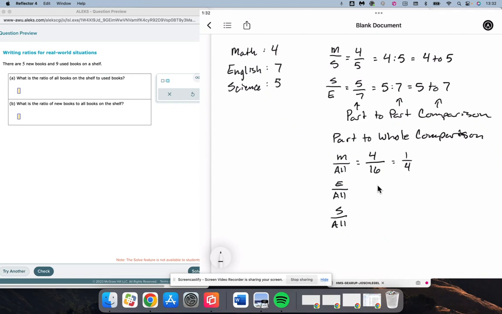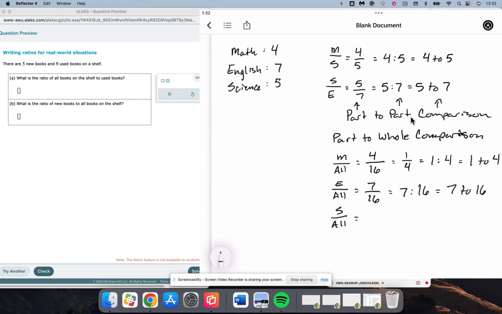We could write that as the colon, 1 to 4, or with the word to, 1 to 4. For English, we would have 7 out of 16. We can't simplify that because 7 and 16 don't have any common factors, but we could write that with the colon, 7 to 16, or with the word to, 7 to 16.